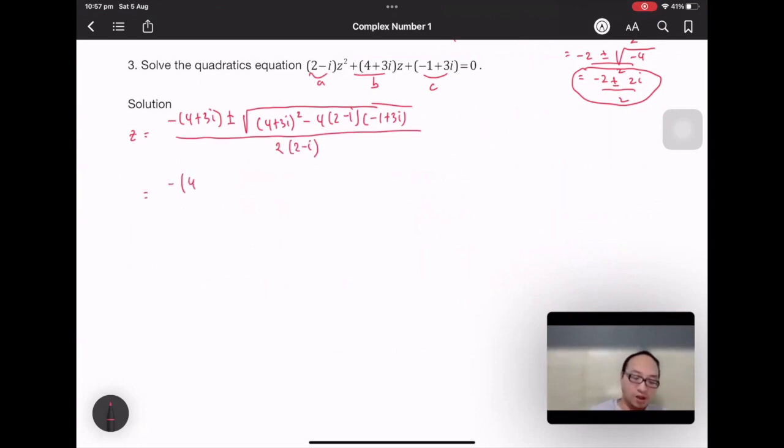So negative (4 + 3i) plus minus square root of... Now we have to calculate this.